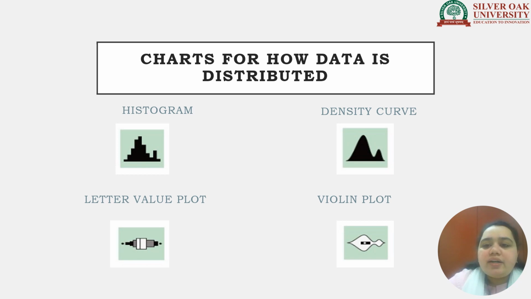A density curve is an idealized representation of a distribution in which the area under the curve is defined to be 1. Density curves need not be normal, but the normal density curve will be the most useful to us. Letter value plots are a variation of box plots that replace the whiskers.